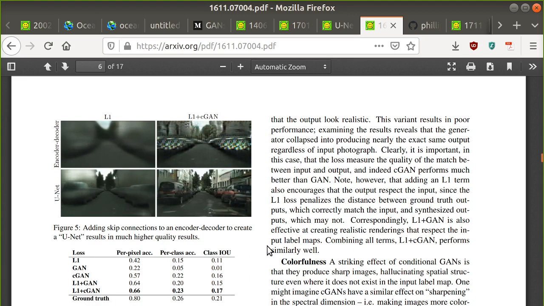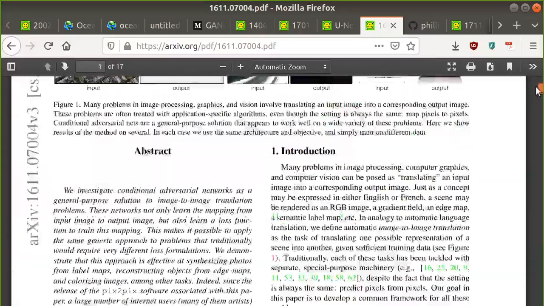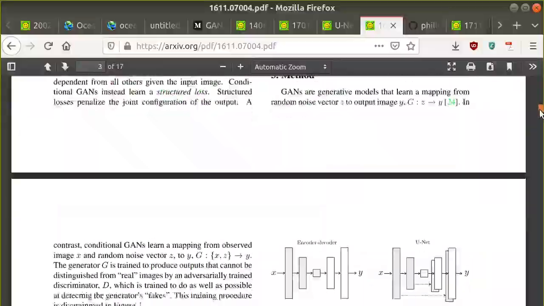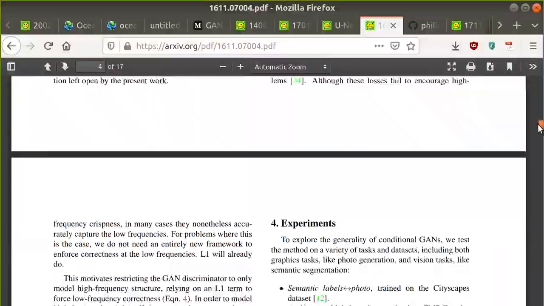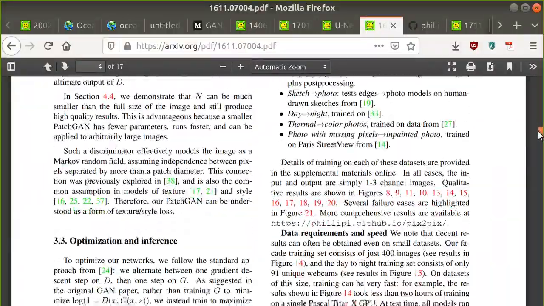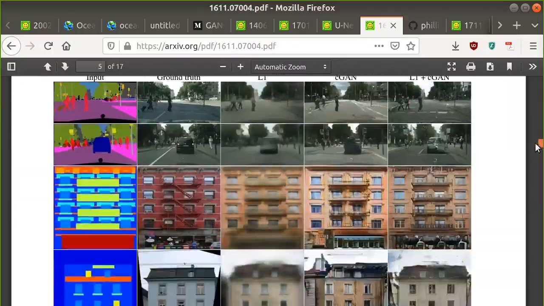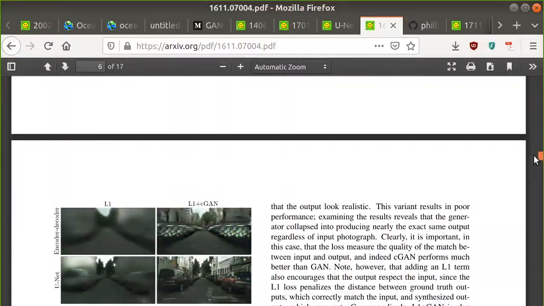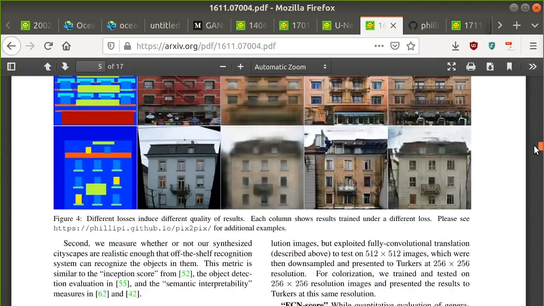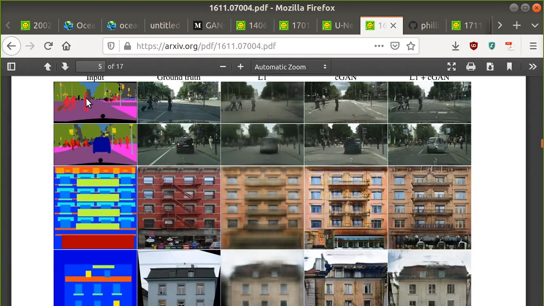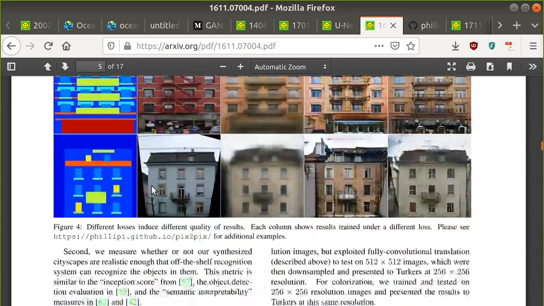Yeah, exactly. So here they're performing a different task. They're translating one kind of image to another kind of image, as we are in the Schmidt et al. cloud cover paper. I believe they're translating these kind of labels here, so category labels for different elements of the scene, a car, a person, and so on.